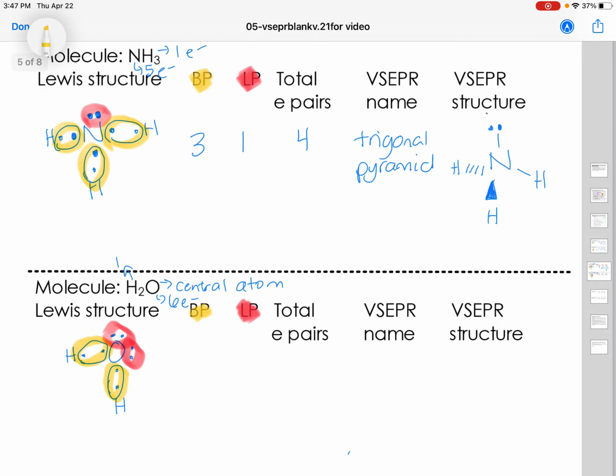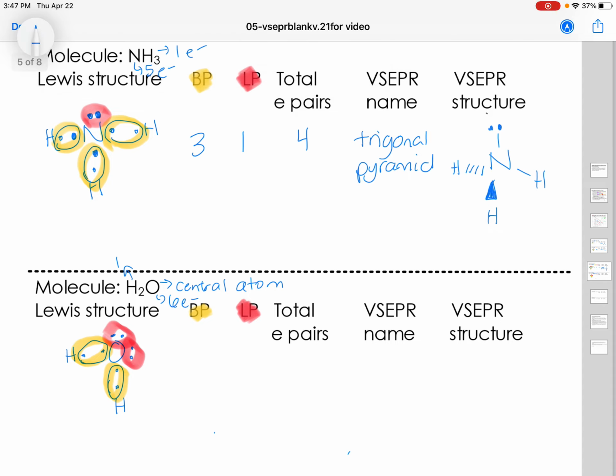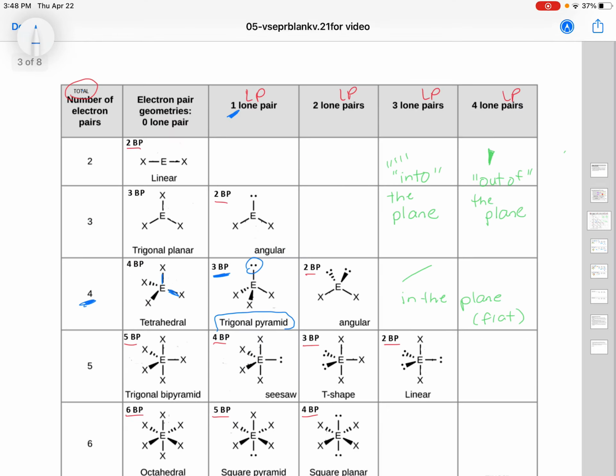So the formula, like H2O, NH3, helps us with the number of bonds around the central atom, but then the Lewis structure can help with how many lone pairs there are. So how many bond pairs? 2. And how many lone pairs? 2. So we still have a total of 4. So you can see that the total is not super unique. However, it helps get us what row to go to.